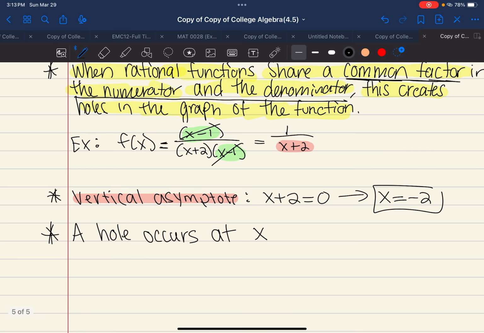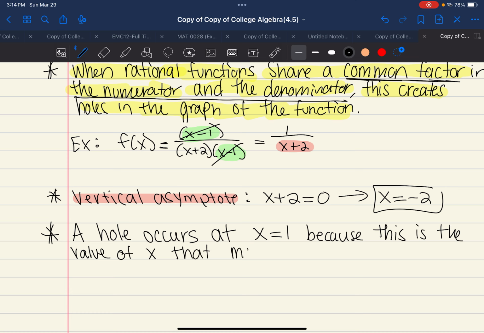And this hole will occur at x equals positive 1 because this is the value of x that makes the common factor equal to 0. If I plugged in 1 for x there, 1 minus 1 is 0.